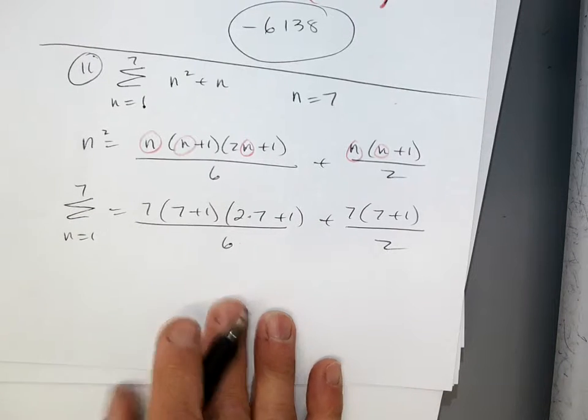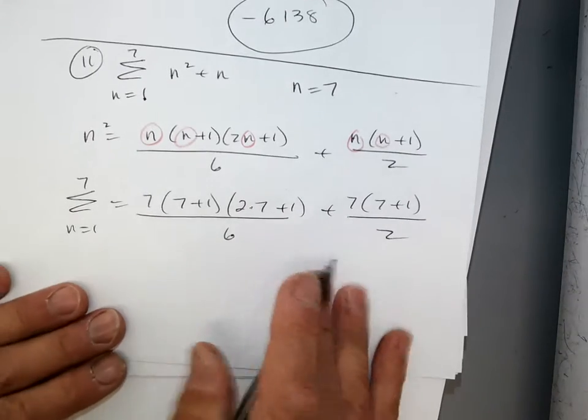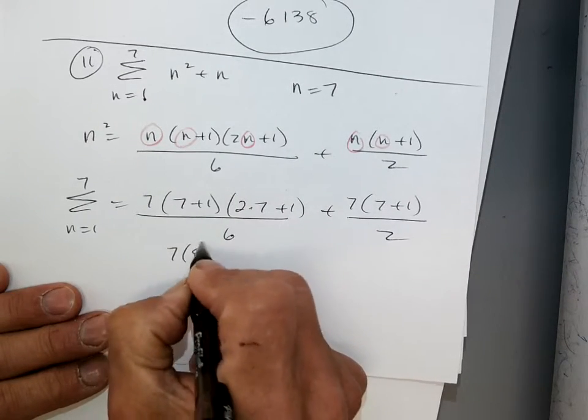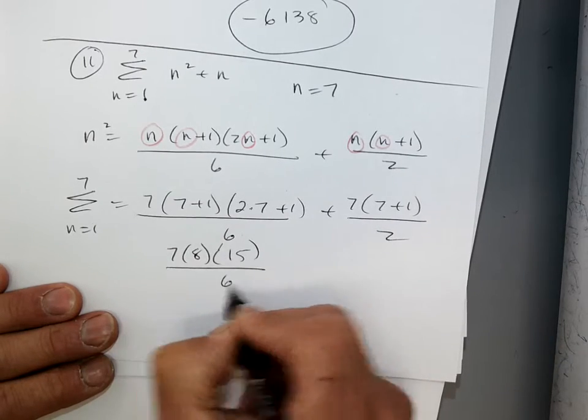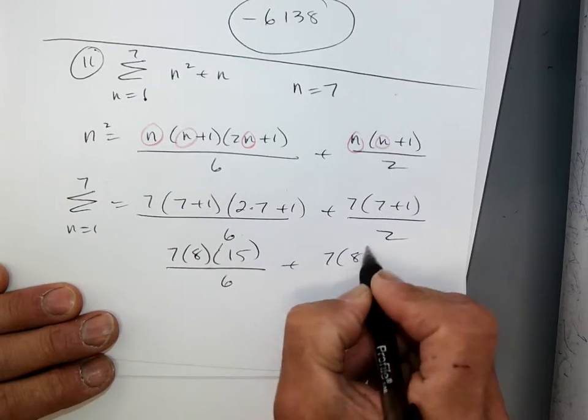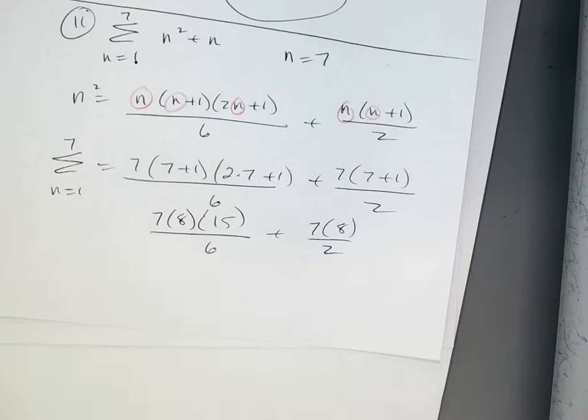Okay, I'm just going to make this easier for me on my calculator because that's a lot of numbers, a lot of parentheses. So I'm going to go 7 times 8 times 15 divided by 6 plus 7 times 8 divided by 2. And I'm just going to use my calculator to get a grand answer.